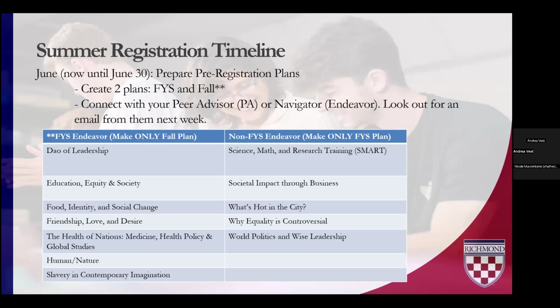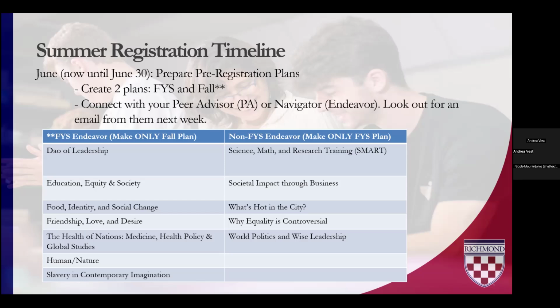Now there's two asterisks there because that may change depending on whether you're part of an Endeavor community. And you can see in the tables below which plans you would need to make if you're part of a specific Endeavor community. So in the communities on the left, you would only need to make a fall plan because you would be part of an FYS Endeavor, and then vice versa with the courses in the column on the right.